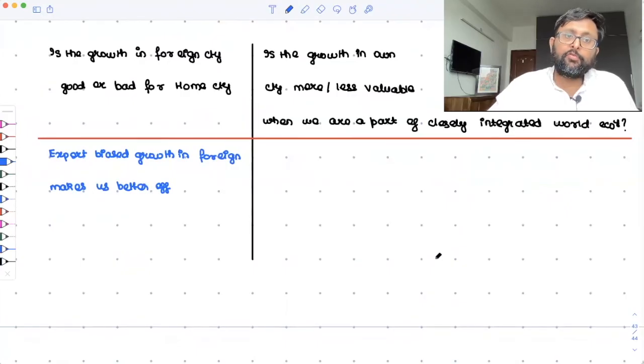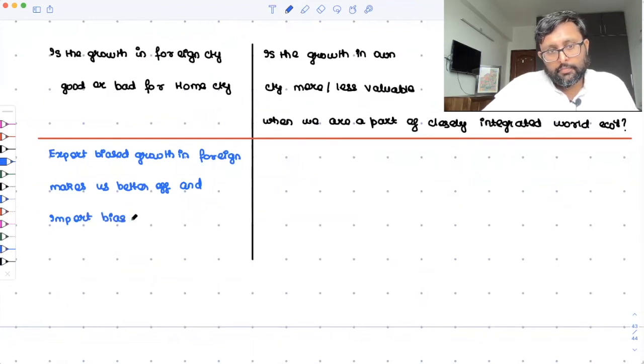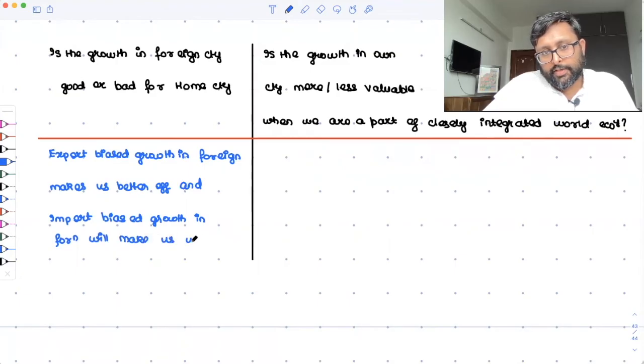Export bias growth in foreign will make us better off, and import bias growth in foreign will make us worse off.